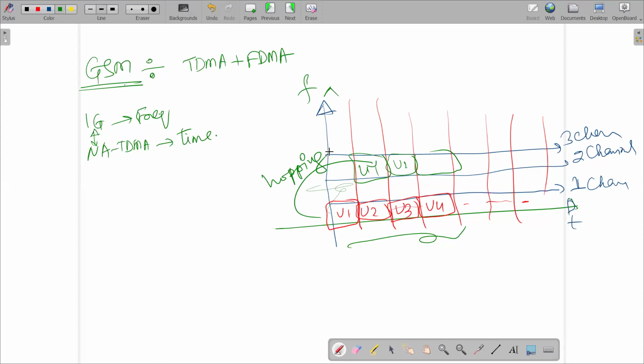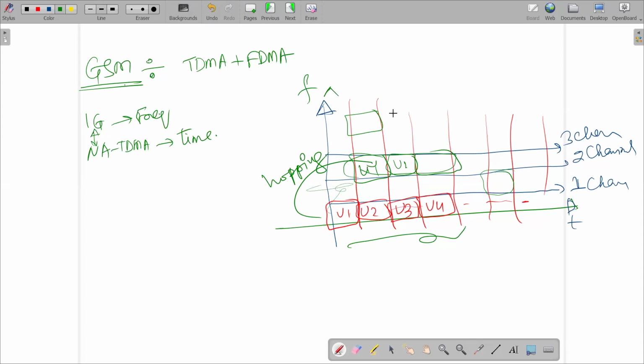If somebody wanted to capture the communication, for some amount of time users will have this frequency, then jump to this frequency, then somewhere else jump to another frequency. So there is a frequency hopping concept, which provides higher security compared to 1G services.